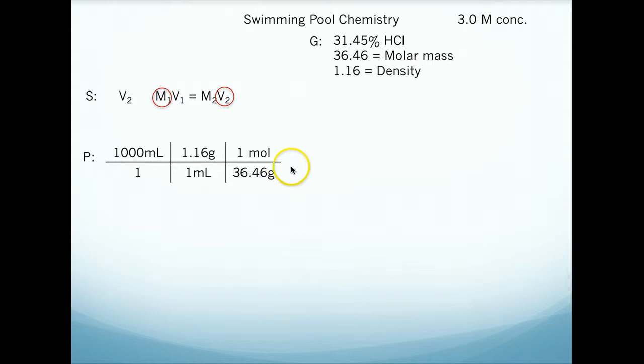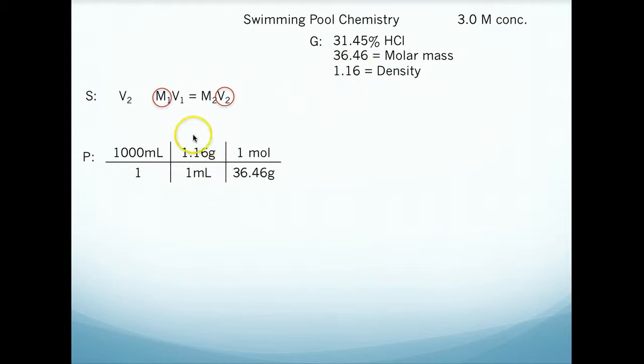So what we do is assume that we have 1 liter of our beginning acid, and you'll see in a minute why I picked 1 liter. Okay, and we're going to convert this to moles. If we take anything to moles, we can go almost anywhere once we convert it to moles. Well, this is where our density comes in. We're going to use, instead of a liter, 1,000 milliliters because the density is 1.16 grams per milliliter.